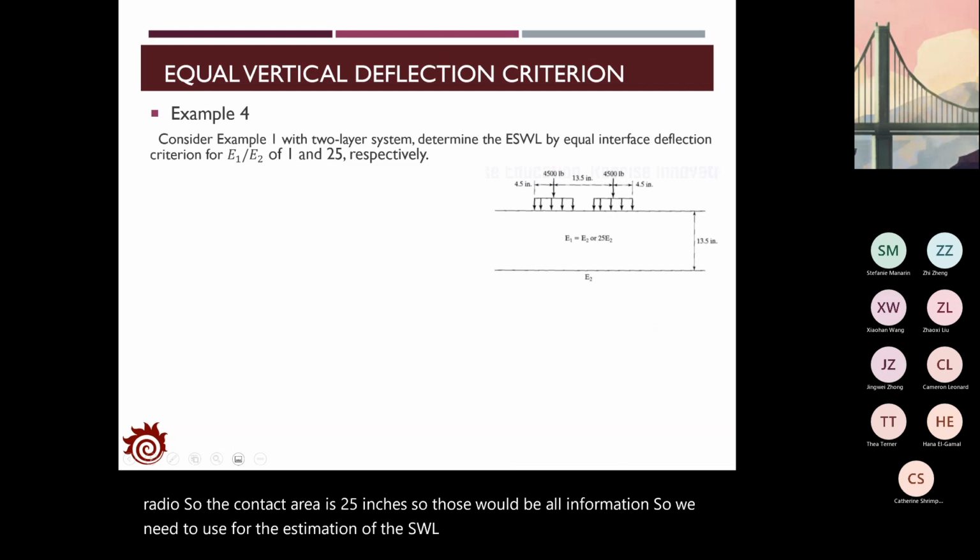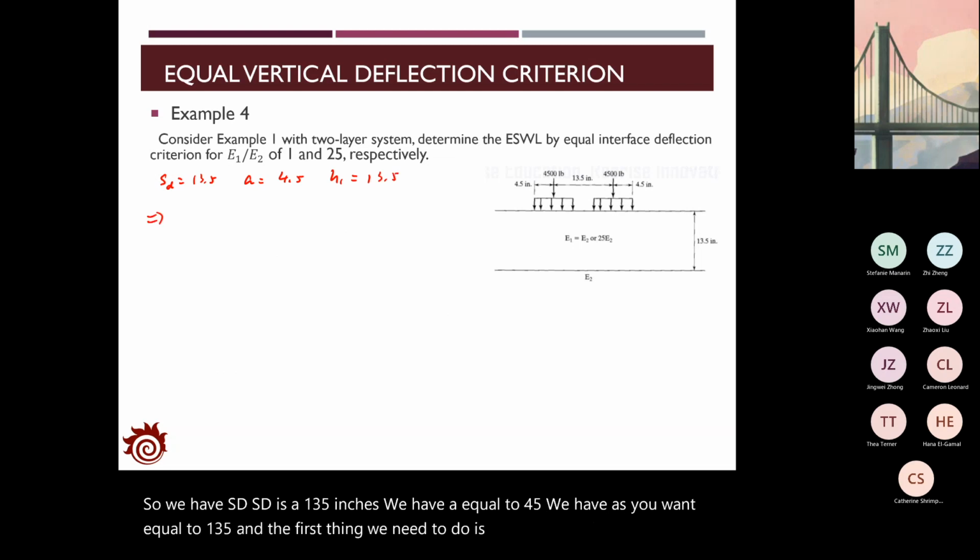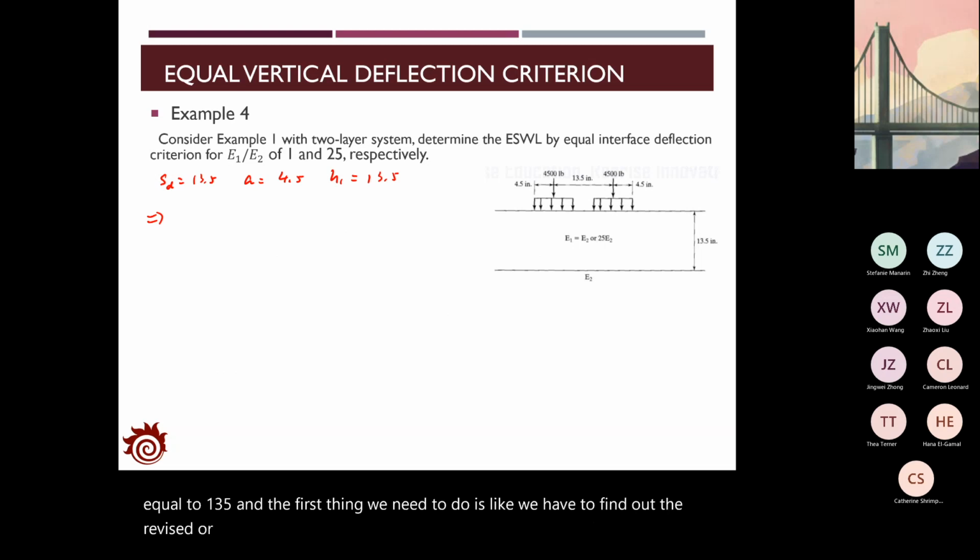Now let's see the solution. We have SD equal to 13.5 inches, A equal to 4.5, and H1 equal to 13.5. The first thing we need to do is find the revised contact radius and thickness at the spacing of 48 inches.